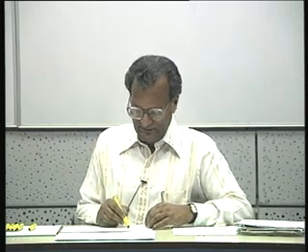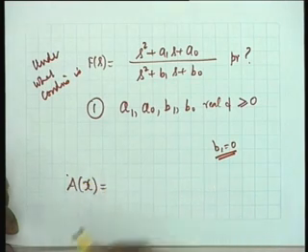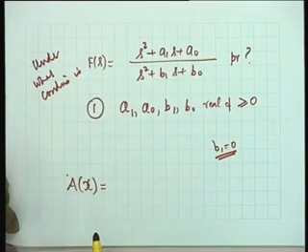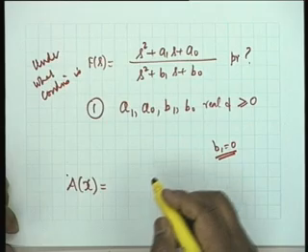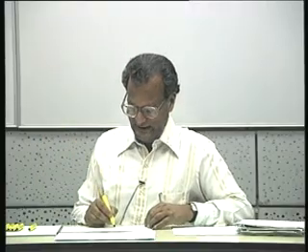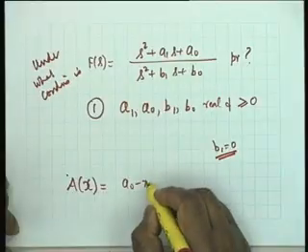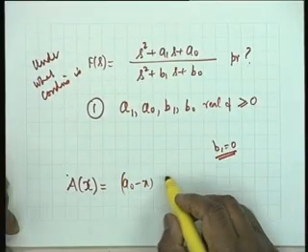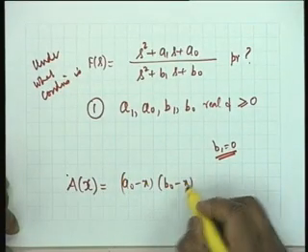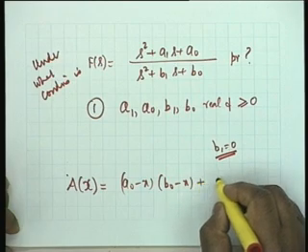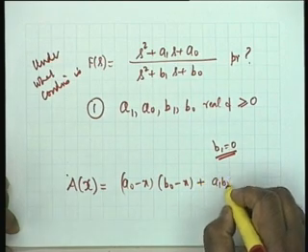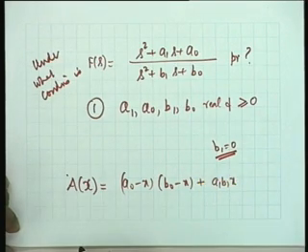The condition, for finding out that condition, we'll have to test A of x. Well, what is A of x? Can I write this without going to s squared? Can I write this as (a0 minus x) multiplied by (b0 minus x) plus a1 b1 x? Can I write it like this directly?